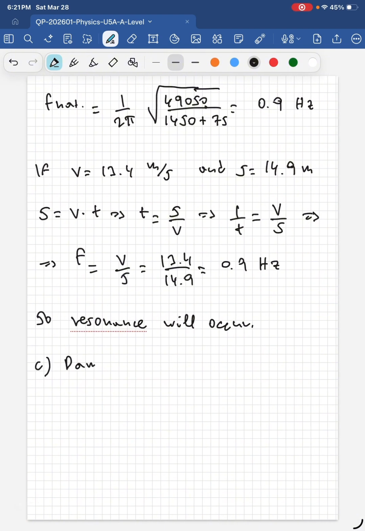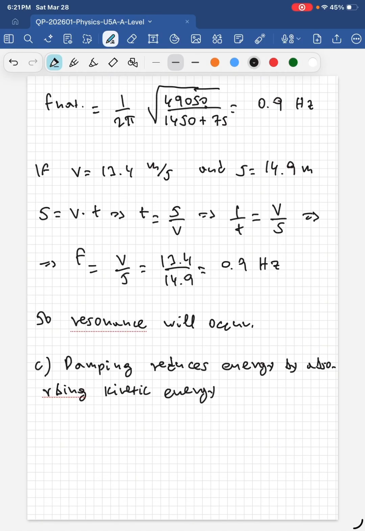So damping reduces energy by absorbing kinetic energy as heat.